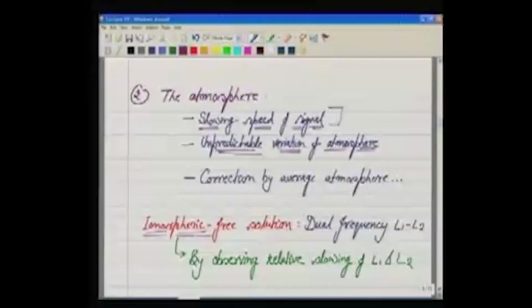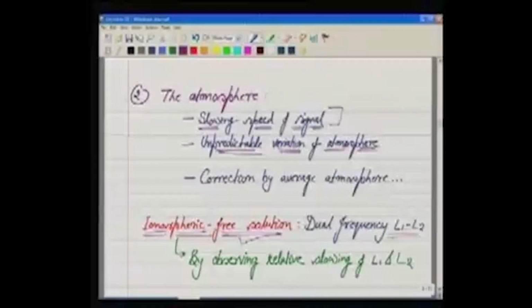Now there is one important way of getting away with this ionosphere delay, which we call the ionospheric free solution, because we use dual frequency. If you recall, in our GPS we have dual frequency. Dual frequency means we are using L1 and L2. The L1 signal gets delayed, and L2 also gets delayed. Now these two, L1 and L2, are two different frequencies.